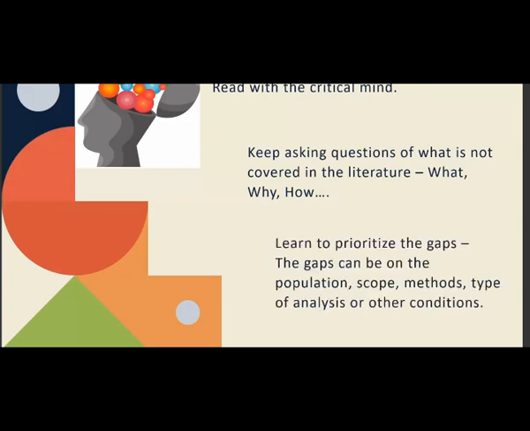The next one is learn to prioritize the gap. When you go through the paper, after you ask those questions, what, why, how, and so on, you will find that the gap can be in terms of the population, for example.